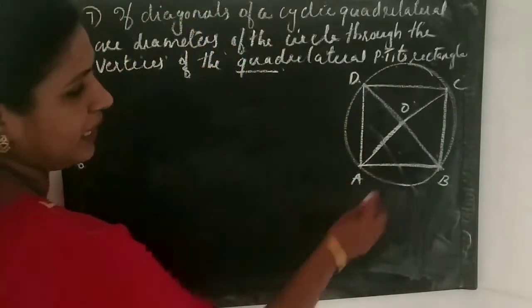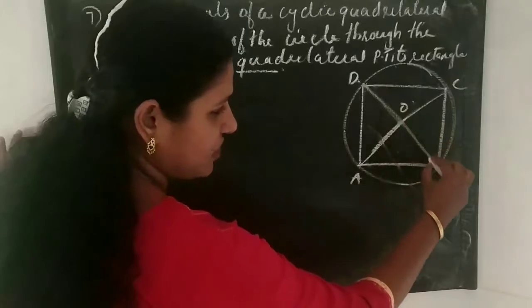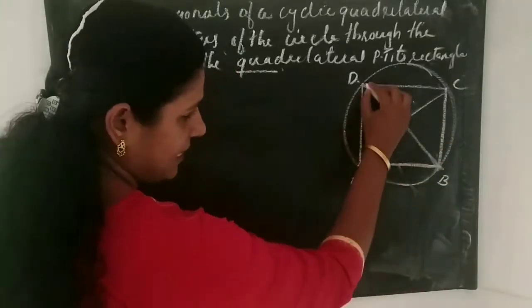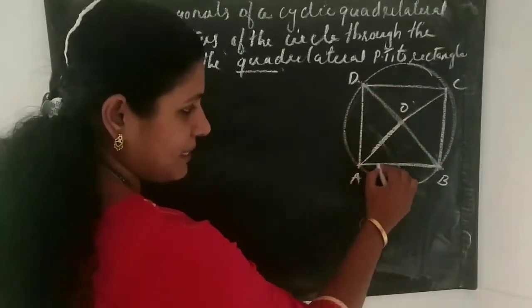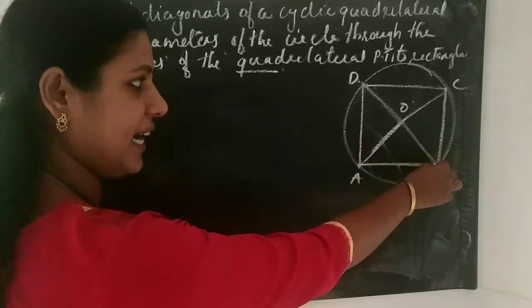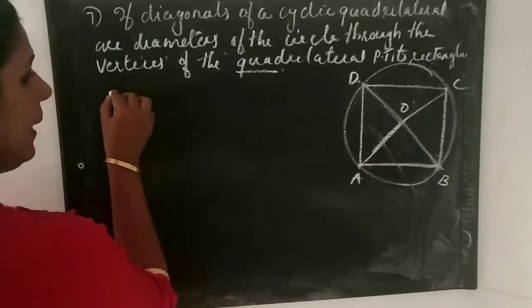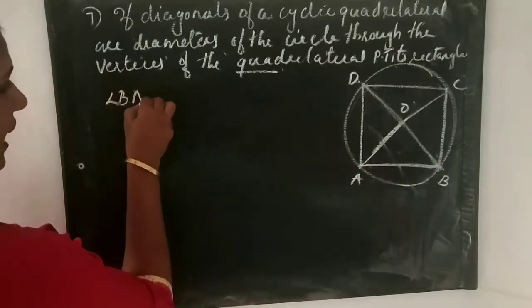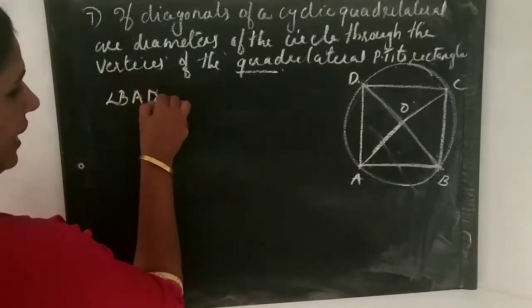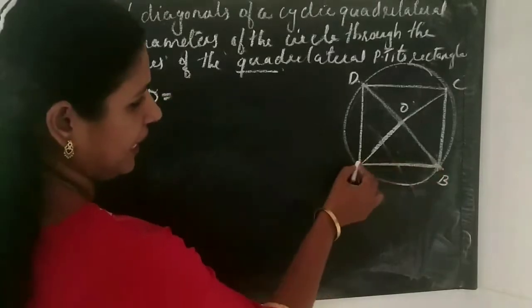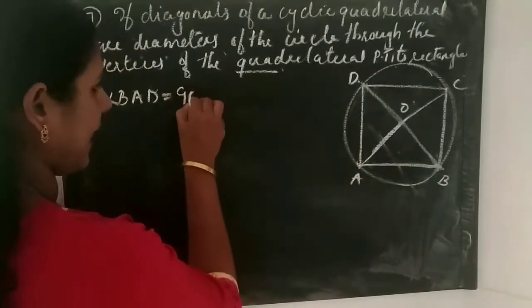Okay. So here this is the diameter and this is semicircle. The angle in a semicircle is what? That is 90 degrees. So angle BAD equal 90 degree.